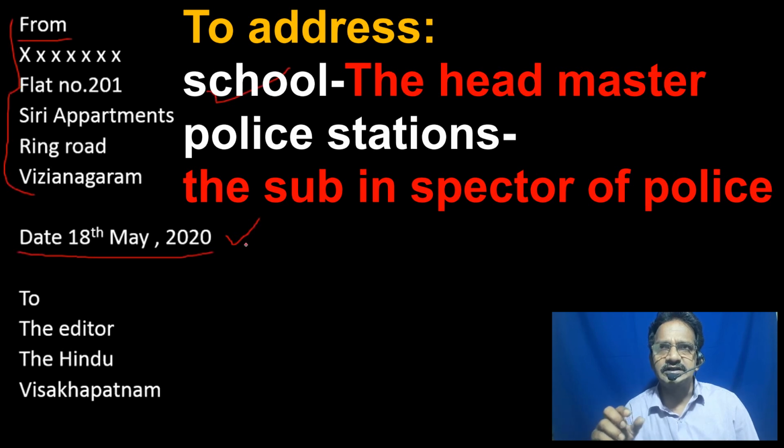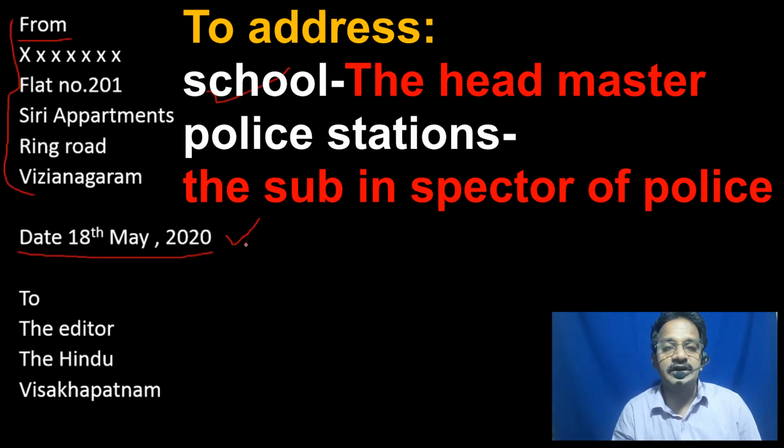When you want to write, it should be full form. That is 18th May, comma should be placed after that, and 2020. You can also write May 18, comma 2020. That format also possible.